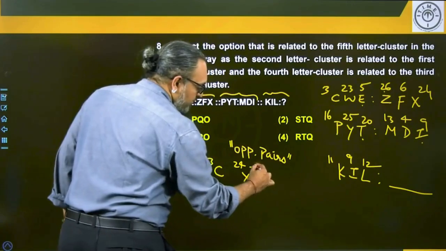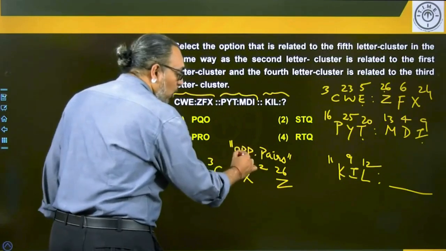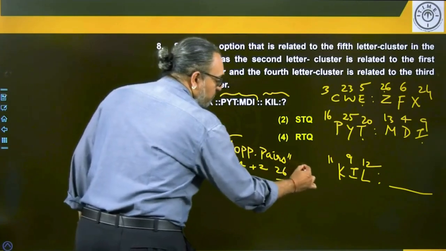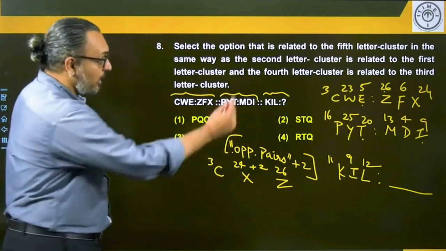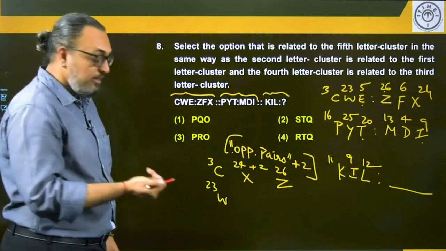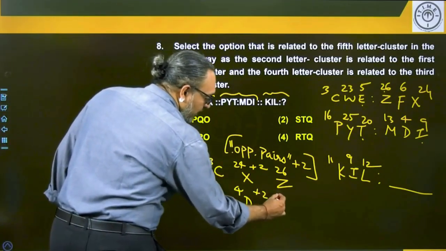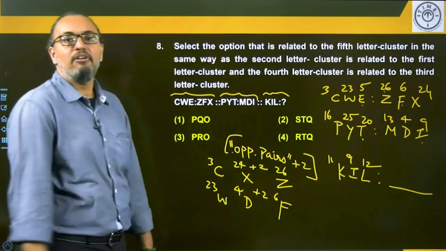Z. That means plus 2 is 26, Z. So you have an opposite pair, but you are also doing plus 2. Opposite pairs plus 2 is what I am looking at. So likewise, if you take 23, that is W, correct? So you need a 4, which is D. But again, if I do plus 2, you get a 6, that is F. That is what we have here. For 23, you have an F.